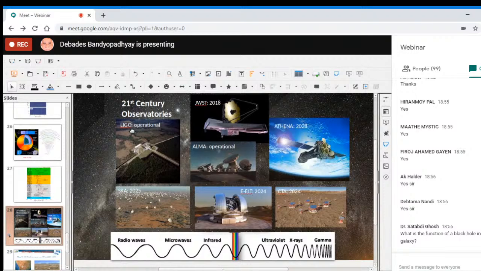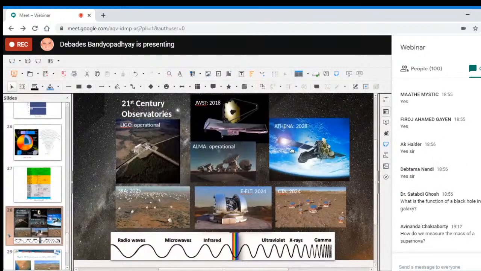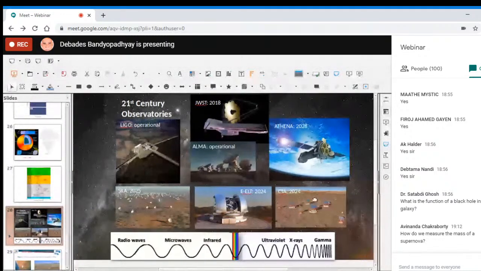Then we have the millimeter wavelength ALMA observatory. There will be another X-ray mission, Athena, in space for the study of various compact objects. And the Cherenkov Telescope Array is not for the study of neutron stars, but for cosmic ray study.